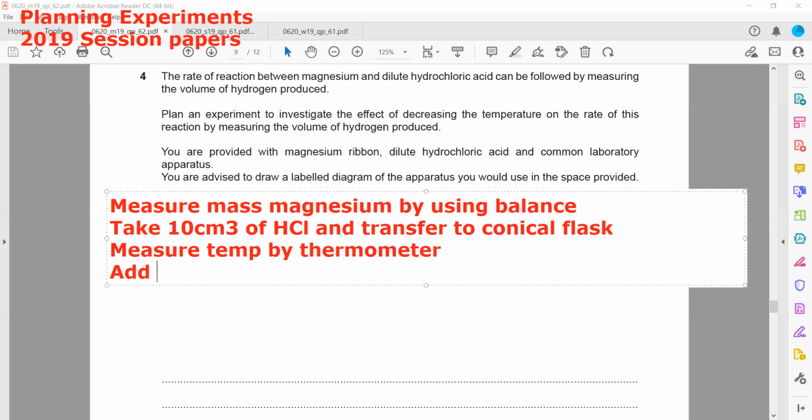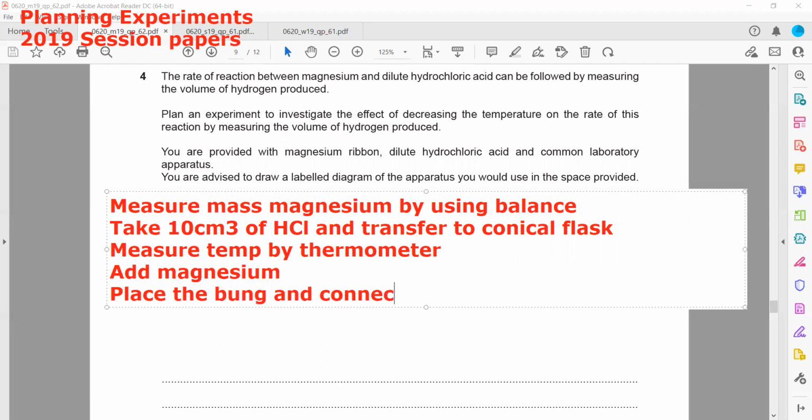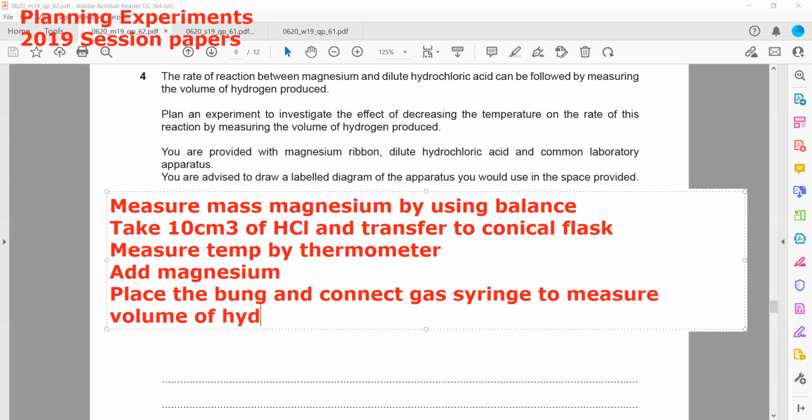Then we'll add magnesium. Place the bung and connect the gas syringe to measure the volume of hydrogen.